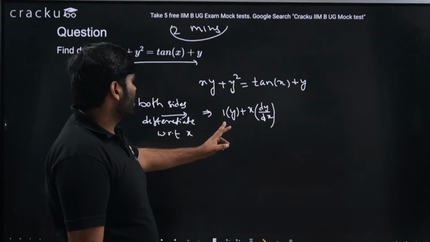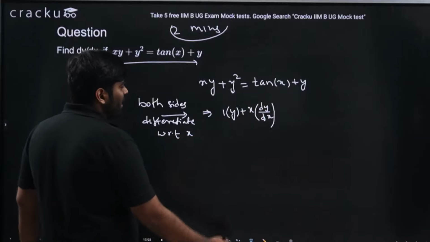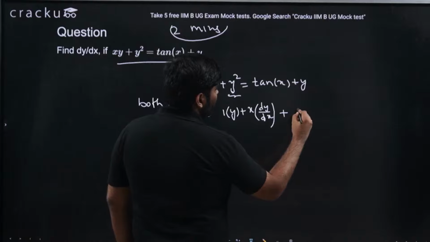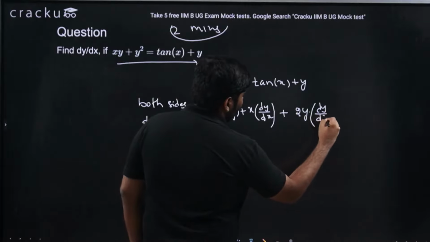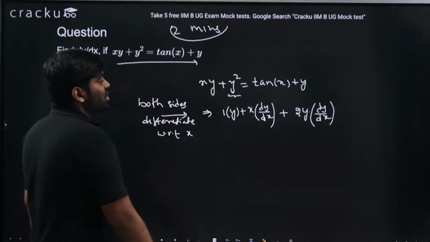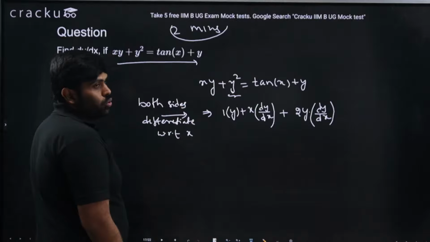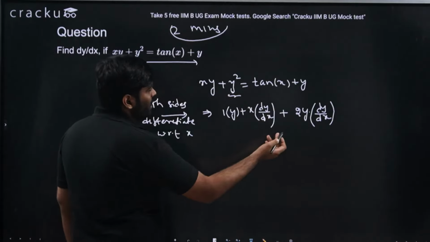So x differentiation is 1 into y plus x into, now y differentiation is dy by dx. Plus what is the differentiation of y square? y square is nothing but 2y into dy by dx, because usually x power n differentiation is n into x power n minus 1. So y square is 2 into y, but into dy by dx, because I am differentiating with respect to x.